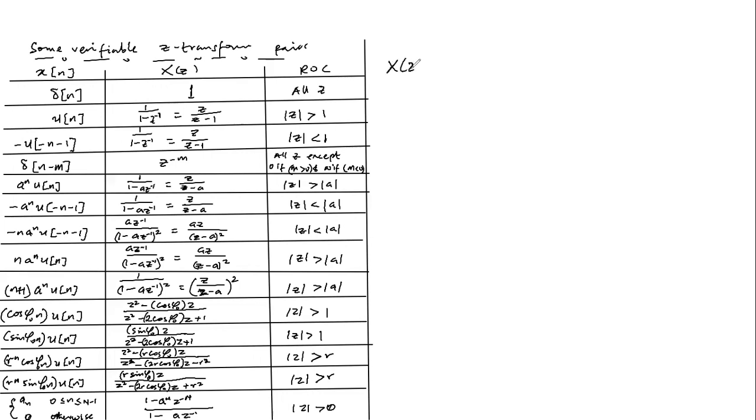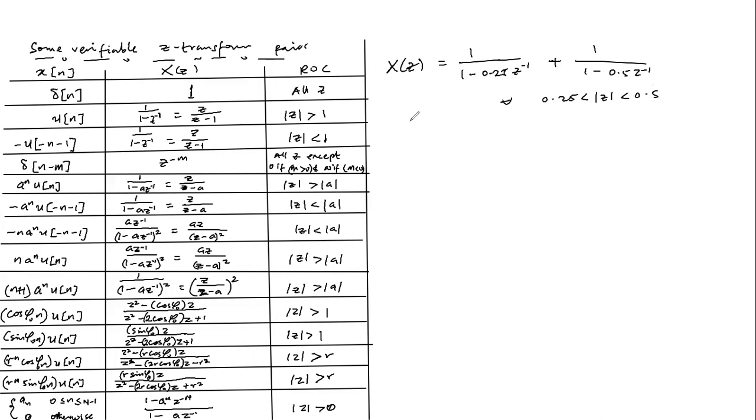Let's assume S of z, the z transform, is given as 1 over 1 minus 0.25 z^(-1), plus 1 over 1 minus 0.5 z^(-1), for values of 0.25 less than mod z less than 0.5.